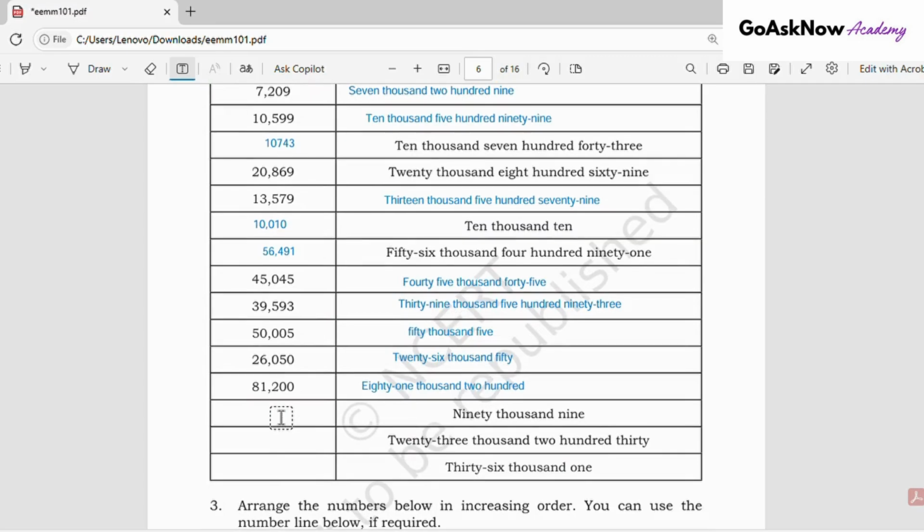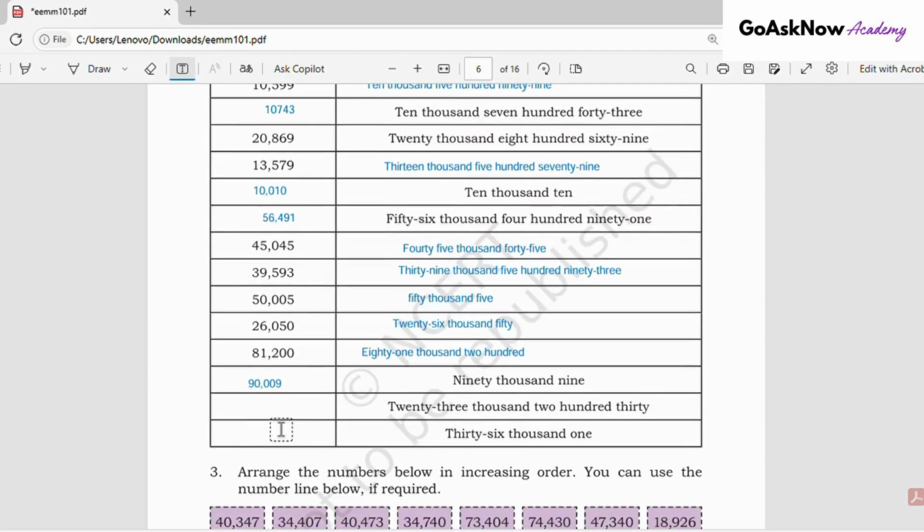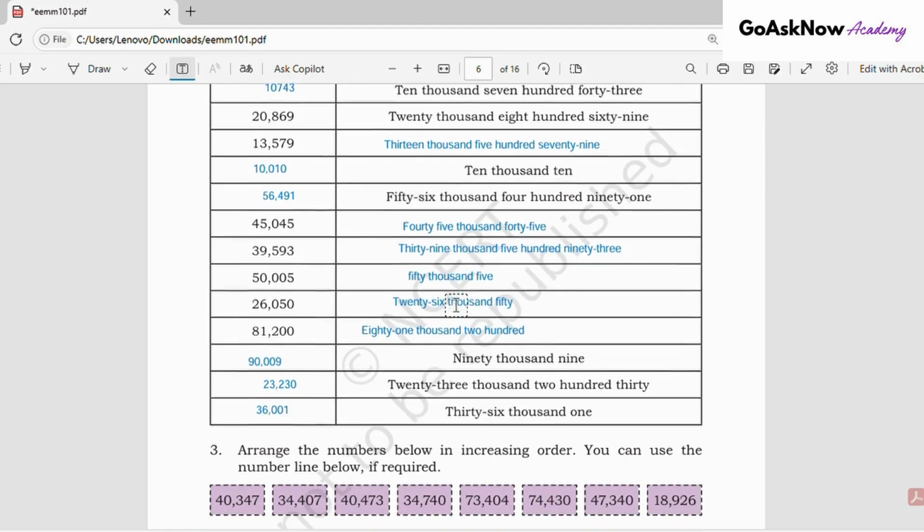Here 90,009, which is 90,009. Then 23,230. Here 36,001. Okay.